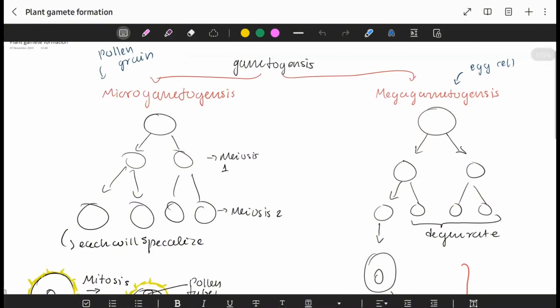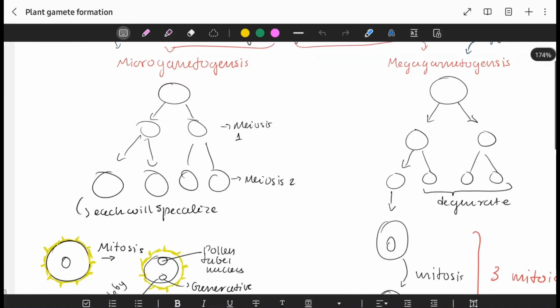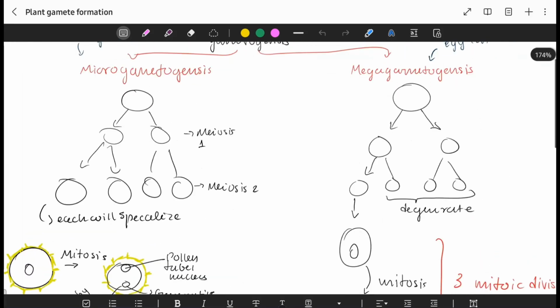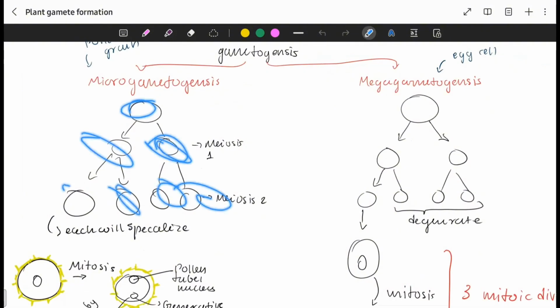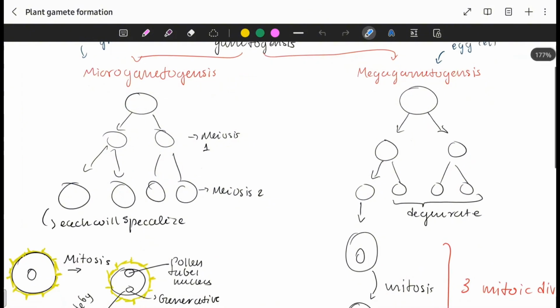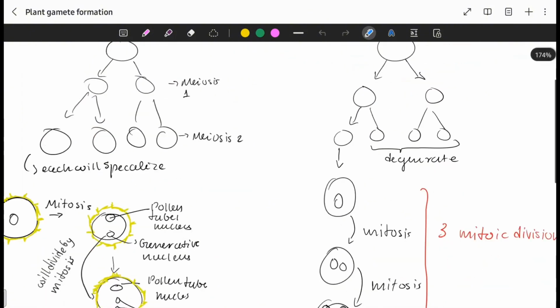For meiosis 1, one cell divides into 2. Then those individual cells divide again, that's meiosis 2, giving 4 daughter cells. For megagametogenesis, it's basically the same thing: 1 will divide into 2 and 2 will divide into 4.